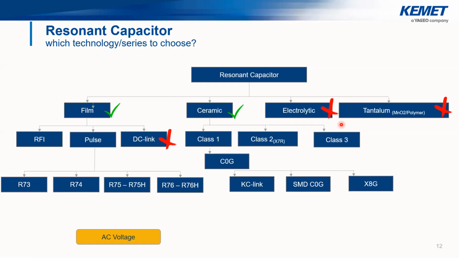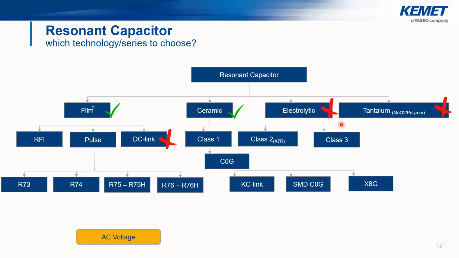So for example, for this kind of applications, we have AC voltage. That means the electrolytic and tantalum capacitors cannot be selected, just because these two technologies are polarized, so they cannot accept negative polarization and cannot be used for this kind of applications.